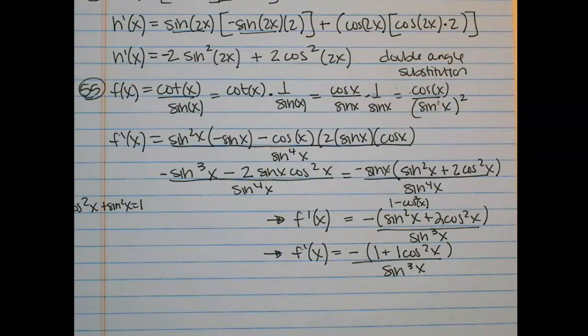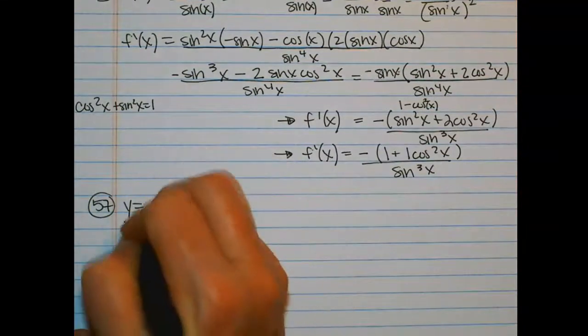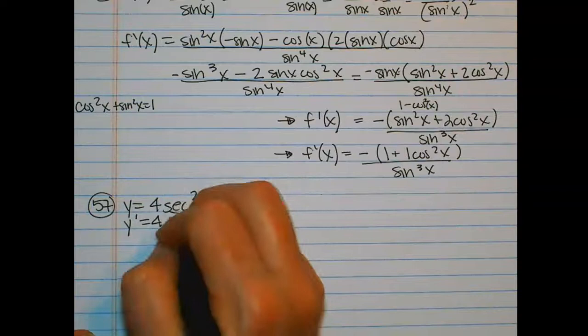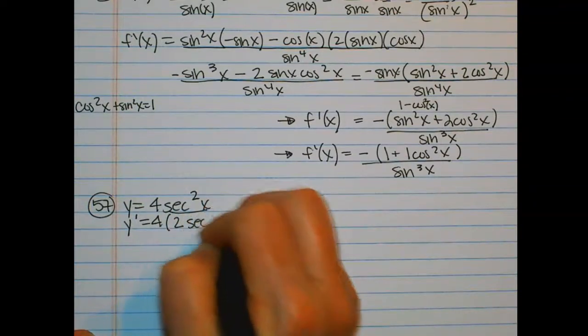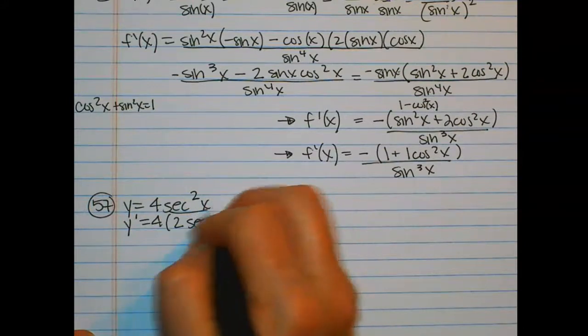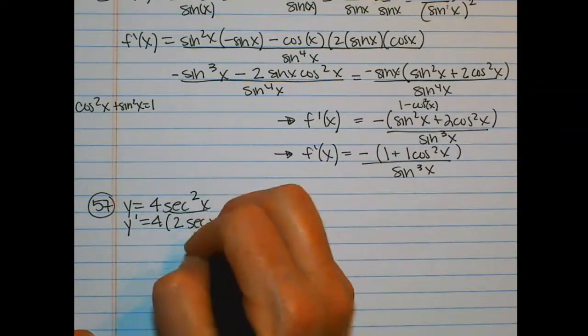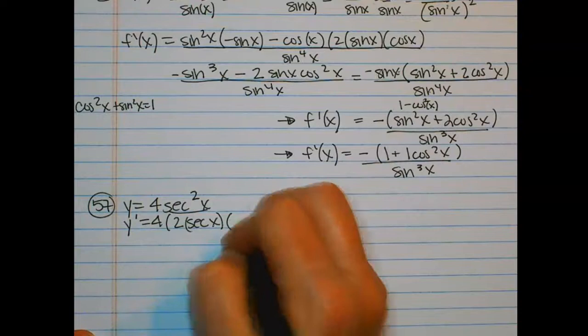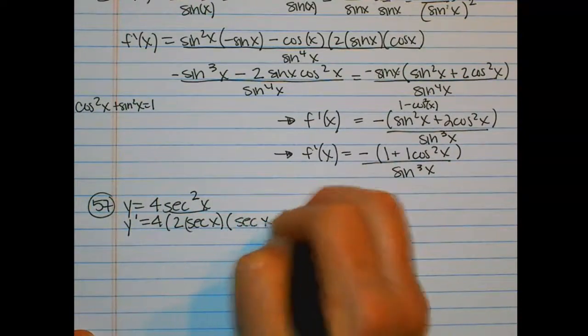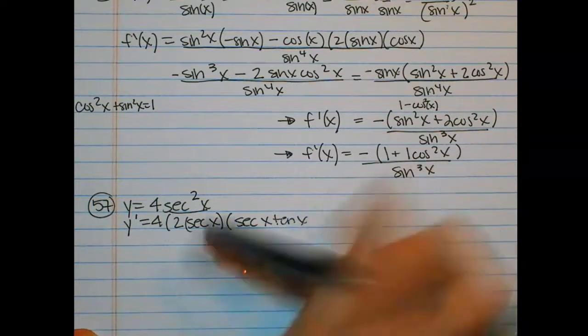You're welcome. 57, y prime equals 4 and then the derivative of this is 2 secant of x, times the derivative of secant of x, which is secant of x tangent of x.